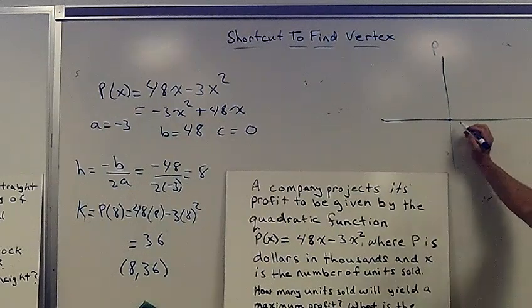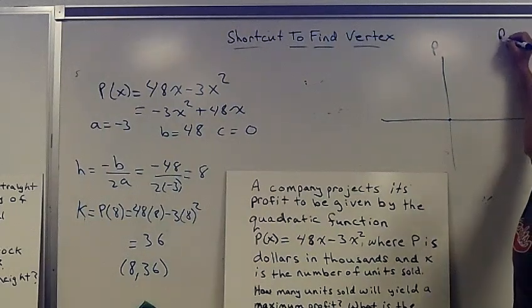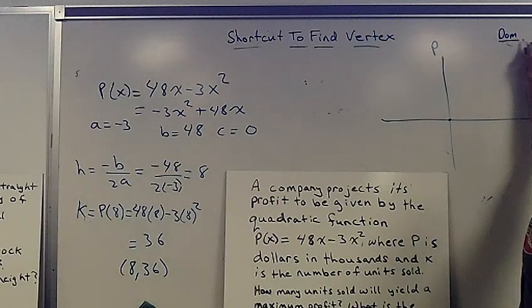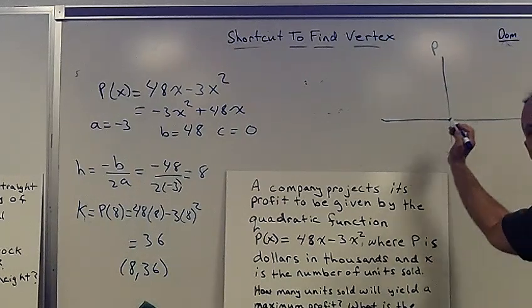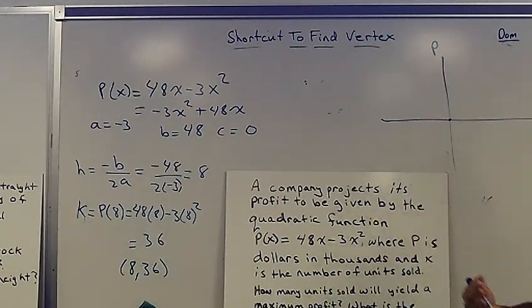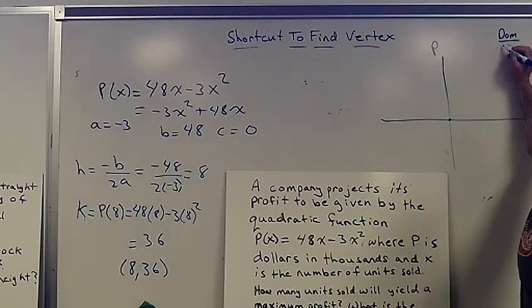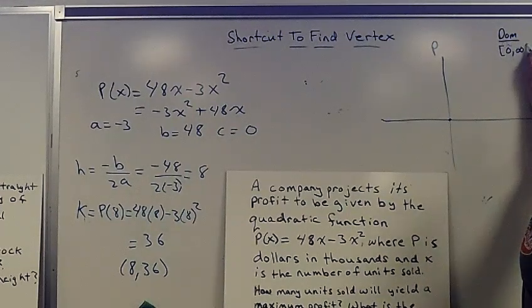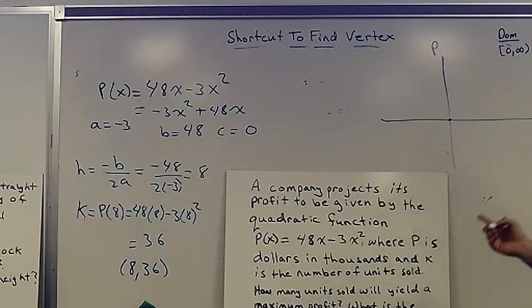I do know, as far as my domain here, I can't sell a negative number of units of whatever it is I'm producing. So my domain must be greater than or equal to 0. And I could refine that because it would have to be whole numbers. I can't sell half a unit of whatever I have, I would assume.